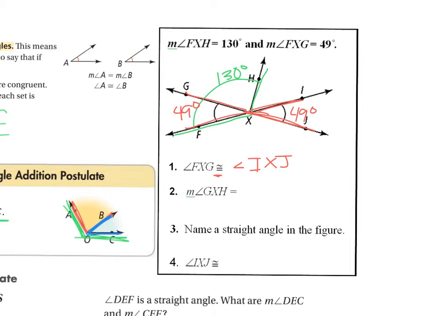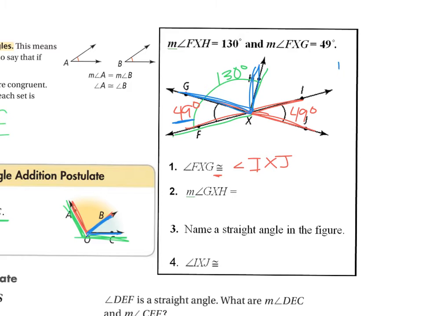All right, the measure of GXH. So GXH would be this one. Well, we're going to have to do a little work on this. So if we know this whole thing in the green is 130, and then that piece right there in the red is 49, well, we use the segment addition postulate.